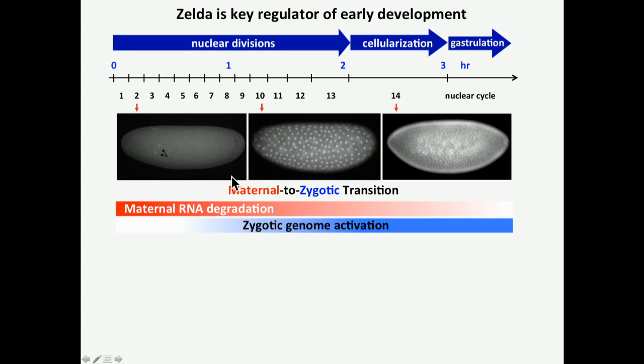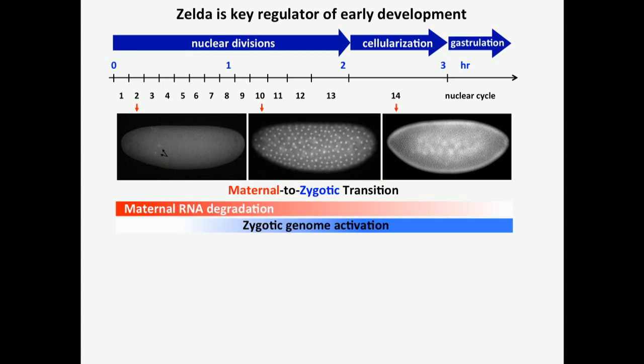This is the time when the maternal to zygotic transition takes place, where we have the degradation of thousands of maternal RNAs and the activation of zygotic gene expression, which starts in the second hour with about 150 genes being activated, and this is followed by a major burst of transcription in the third hour when the process of cellularization takes place during that long interphase of nuclear cycle 14. So the transcriptome is changing very rapidly and very dramatically during this time, so it's a major reprogramming event.